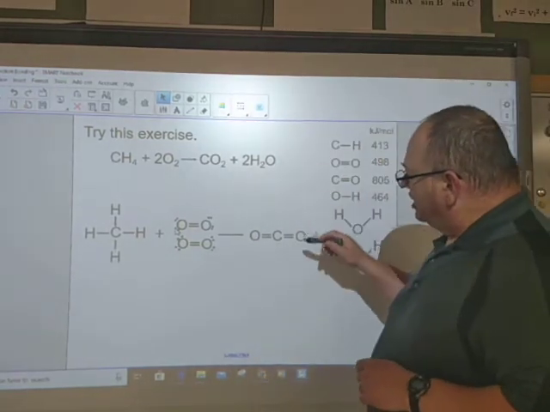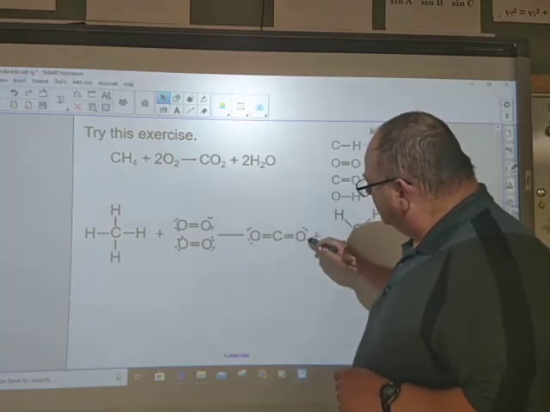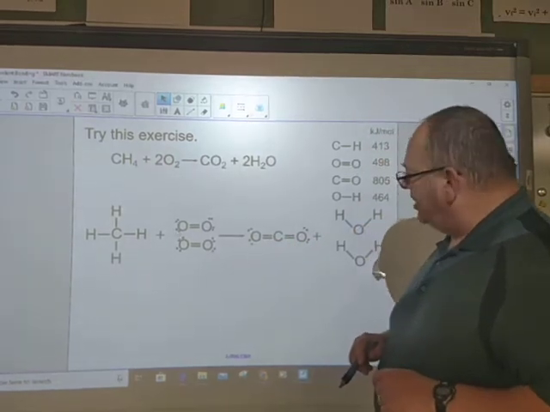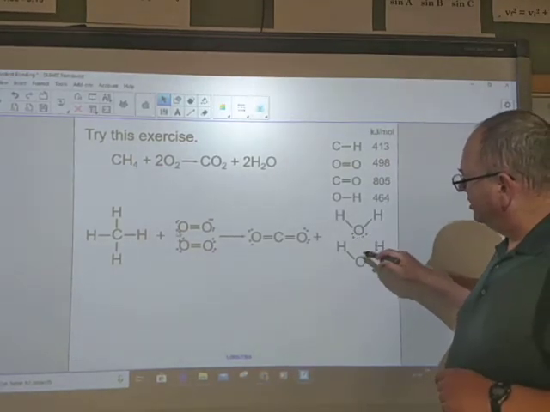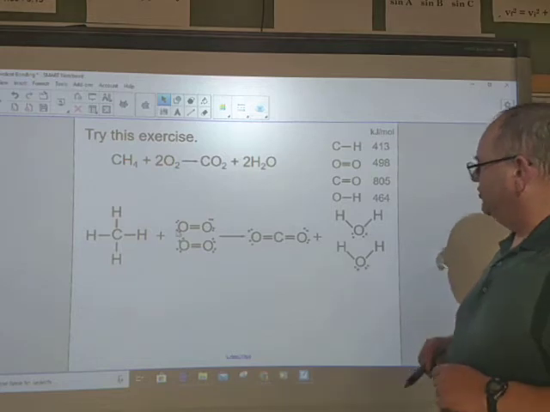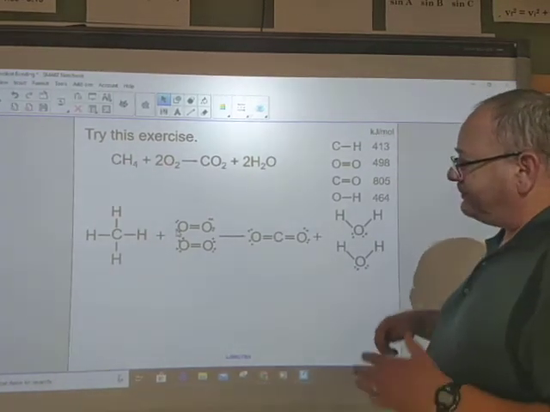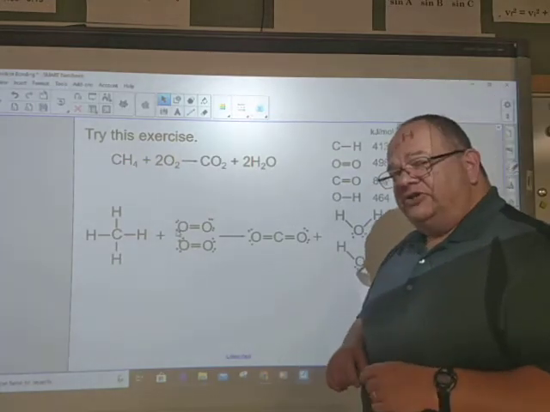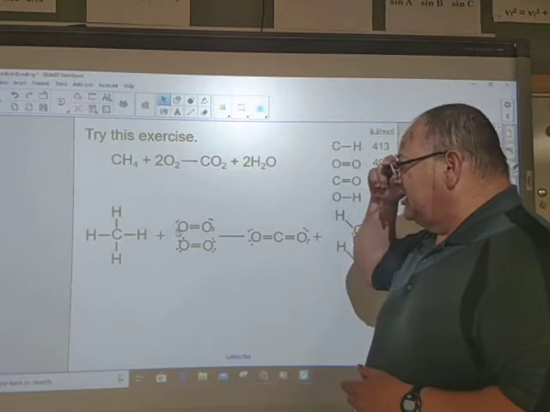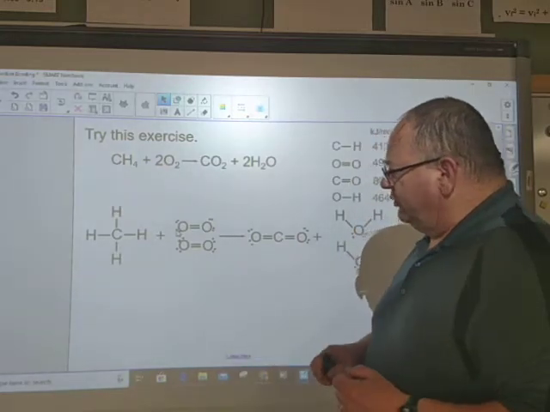And then on the carbon dioxide, each oxygen has 2 unshared pairs. And on the water molecules, the oxygen has 2 unshared pairs. Okay, so those would be the Lewis structures. We don't necessarily need to see all those unshared pairs to be able to figure out the bonds, but you know, we're trying to practice your Lewis structures along the way too.